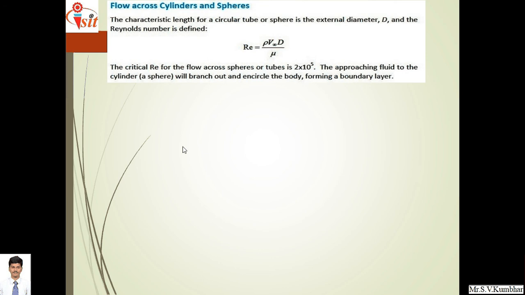The critical Reynolds number for the flow across sphere or tube is 2 x 10^5.